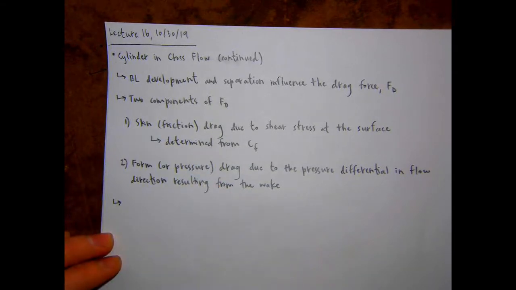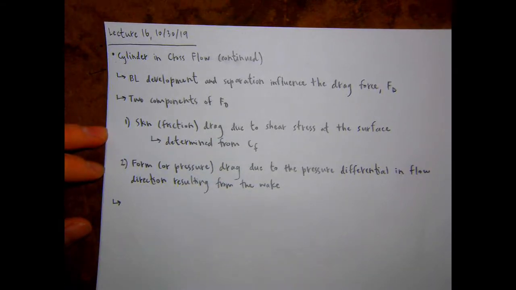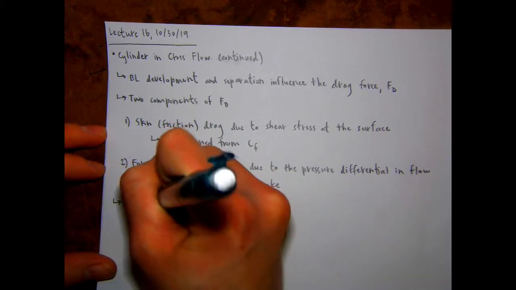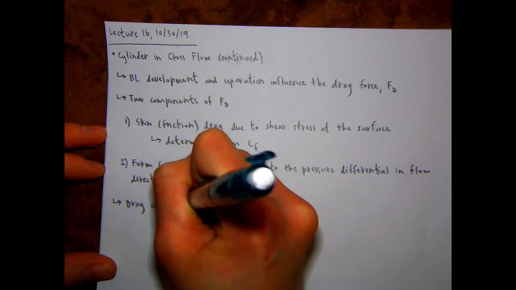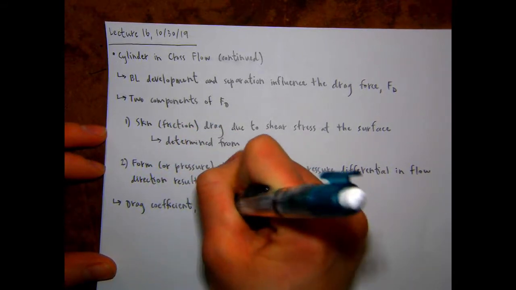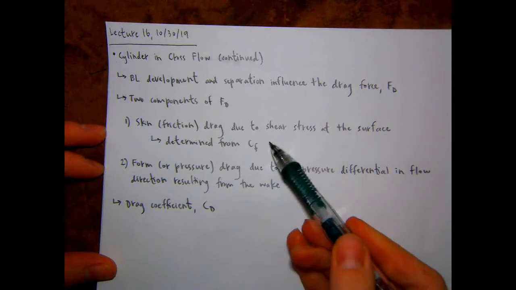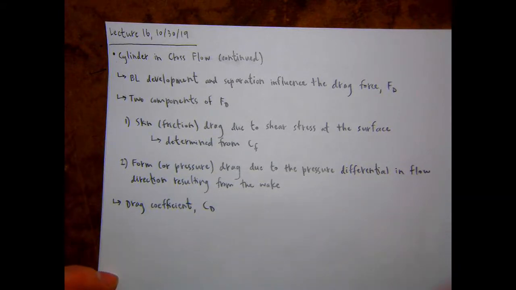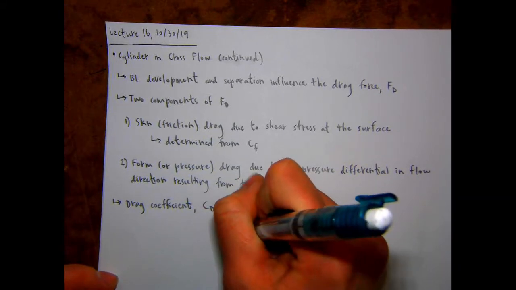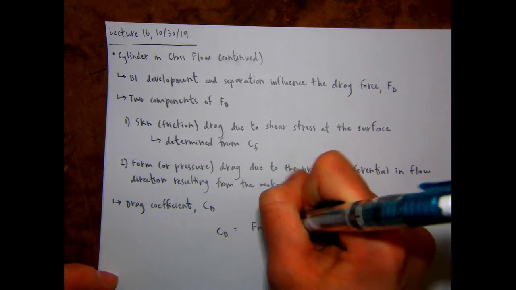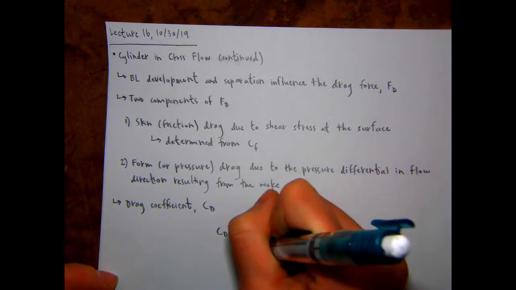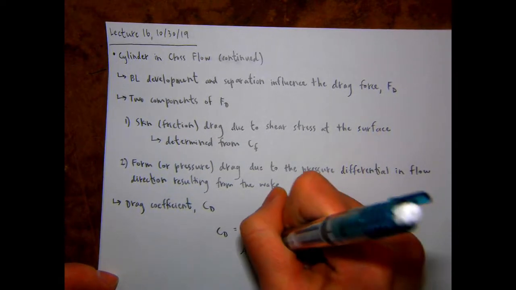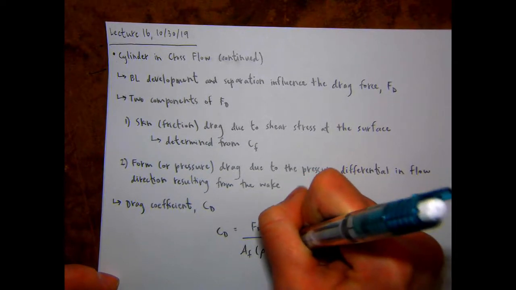So the combination of these two types of drag is expressed in this overall drag coefficient, C sub D. Note, C sub F is just the friction drag, C sub D is the total drag of the two types. And that's the total drag force divided by the frontal or projected area of the cylinder times rho v squared over 2.